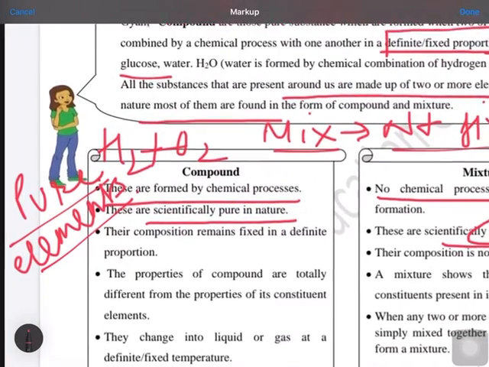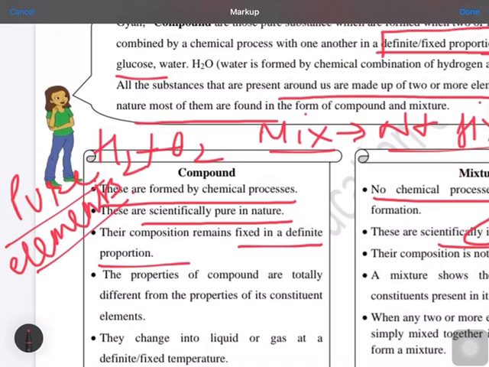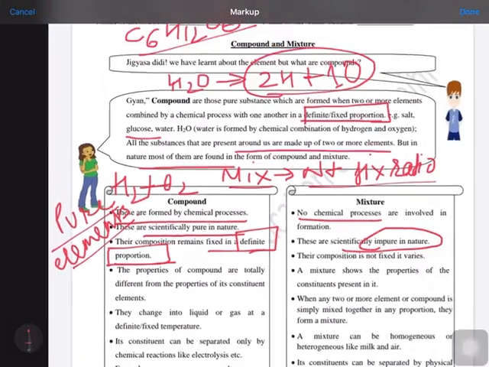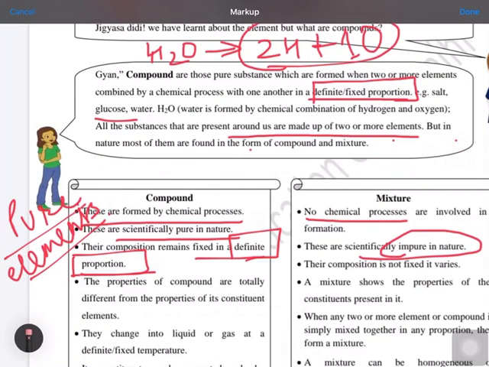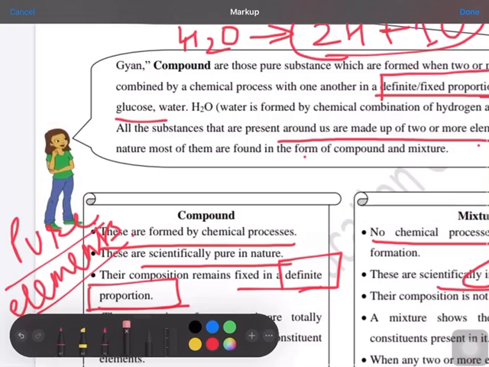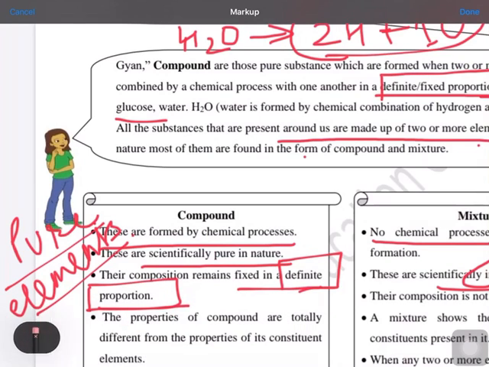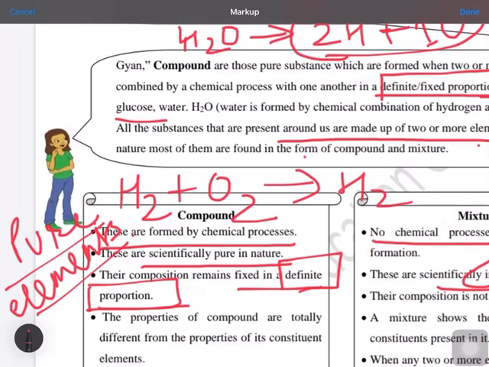The composition remains fixed in a definite proportion. This word is coming many times. That's why I am saying that this word is very important when we talk of the definition of compound. The composition will be fixed. We can't change the composition. Suppose when we are reacting hydrogen with oxygen, if we simply write the reaction, hydrogen plus oxygen, it can also be written like this, H2O2.